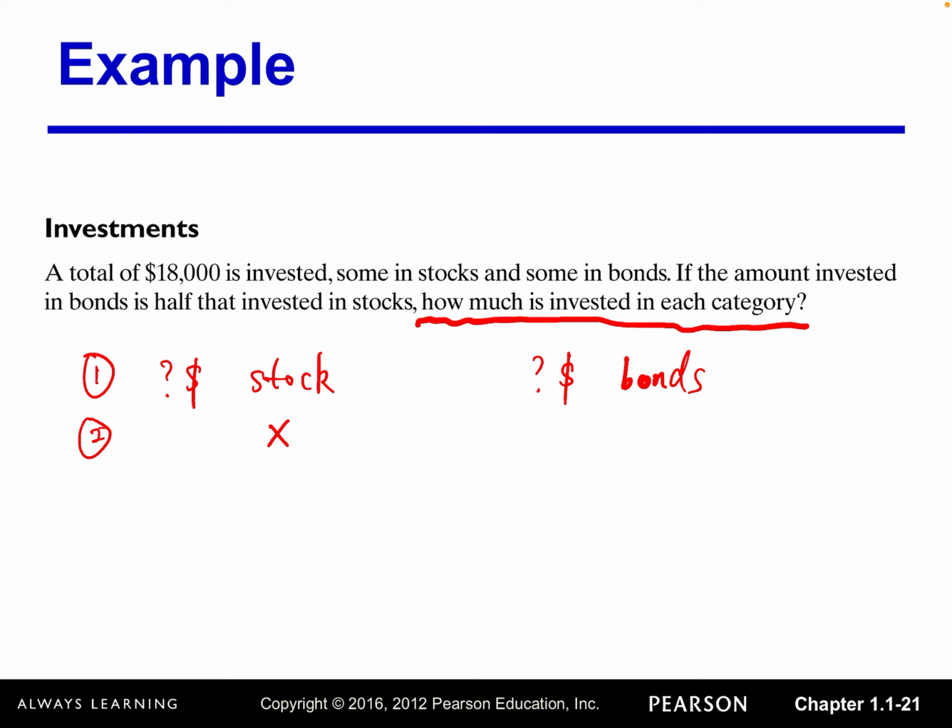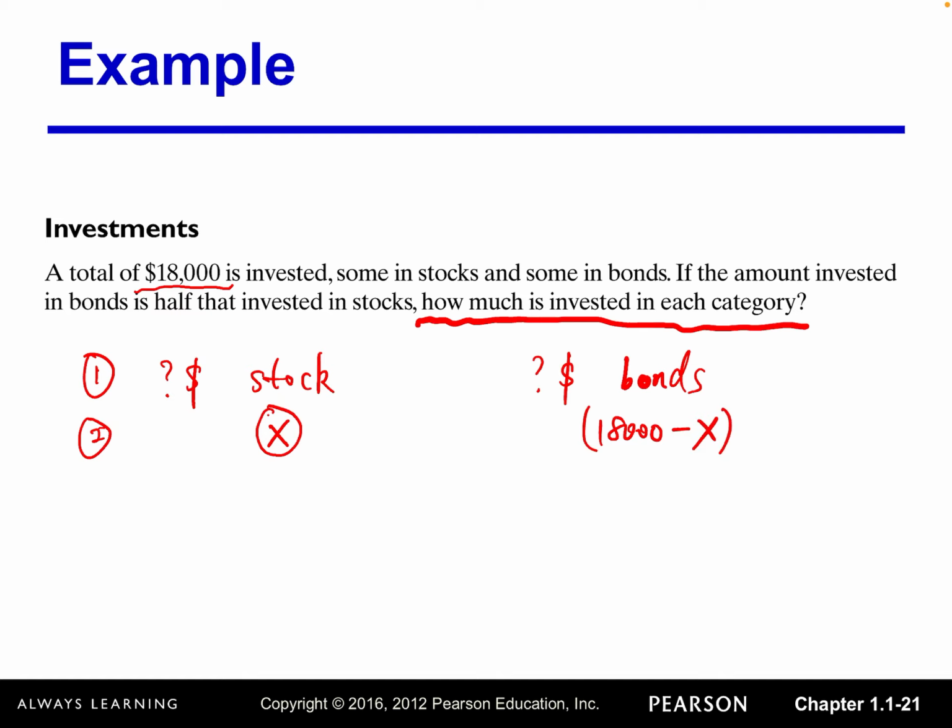Can we figure that out? The total money invested is 18,000 and X dollars buying stocks. So the rest will be buying the bonds. Does that make sense to you? So that's 18,000 subtract X. That's the amount of money buying bonds. That's the second step, assign variable.